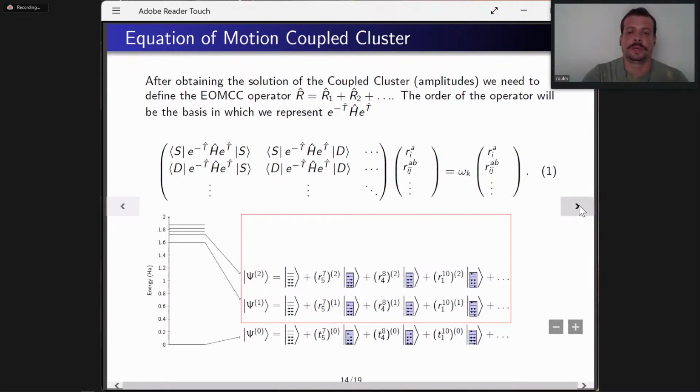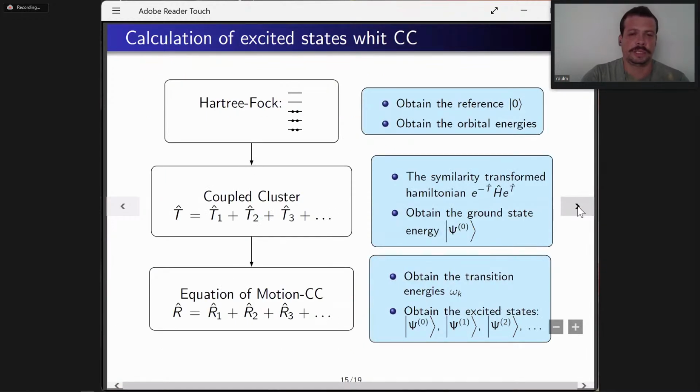To summarize this, what we need to obtain first is the orbital energies. We do it with a method that we call Hartree-Fock. And then, once we have our reference that is formed by these orbital energies, we can do coupled cluster.